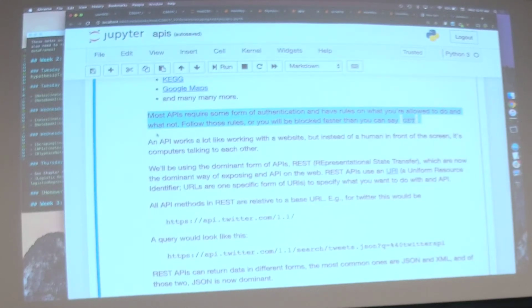Twitter has that. I have not included that in the notes, so if you want to run the Twitter code, you'll have to set up a developer account with Twitter. For a lot of APIs, you have to authenticate.